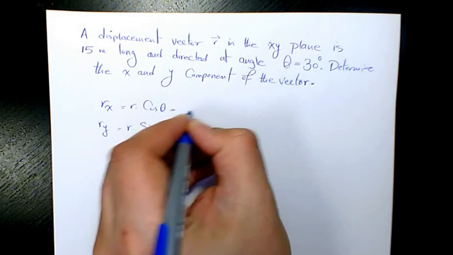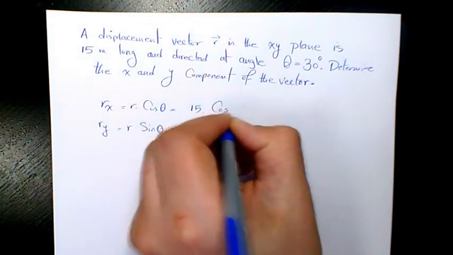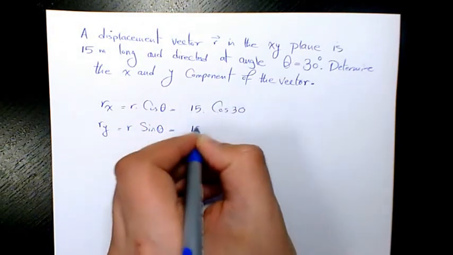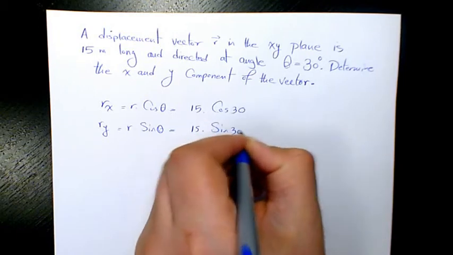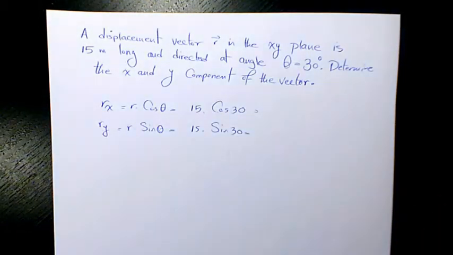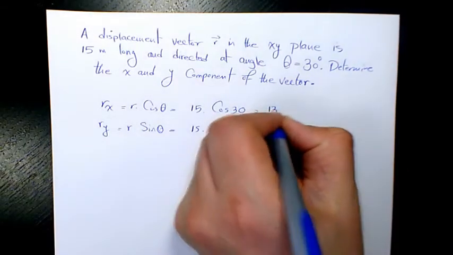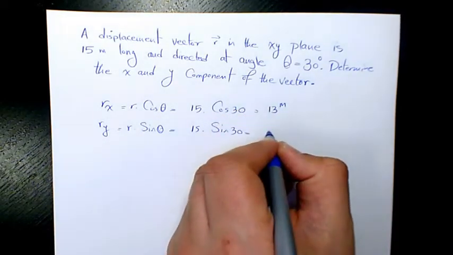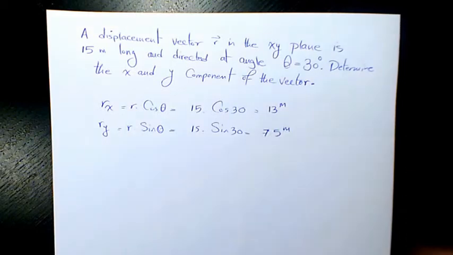So it is going to be 15 times cosine 30, 15 times sine 30. So the first one is going to be 13 meters and the second one will be 7.5 meters.